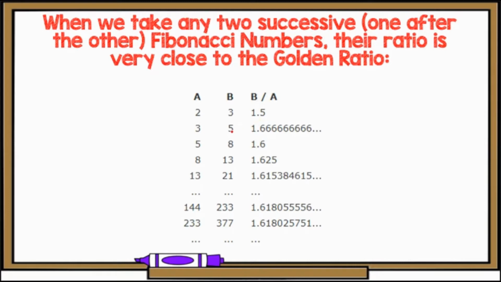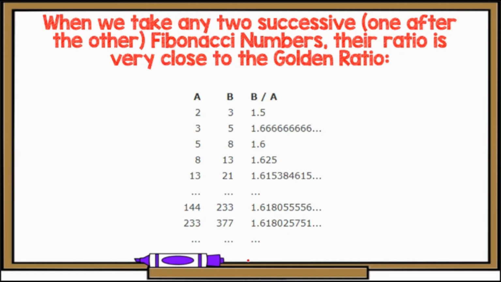Si 5, divide natin siya by 3, we have 1.66666. And then 8, let's divide it by the number before it, which is 5. We have 1.6. 13 by 8, we have 1.625. 21 by 13, we have 1.615384, and so on.